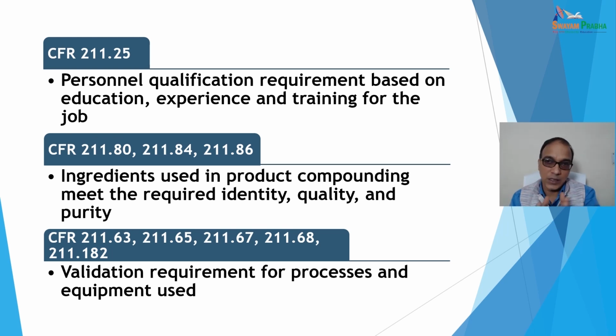So this is the listing of CFRs, and then lastly CFR 211.63, 211.65, 211.67, 211.68 and 211.182 provide the validation requirement for processes and equipment used. Okay, whenever you get the time, please go through these, especially if you are aiming for the pharma industry, you must go through these CFR.